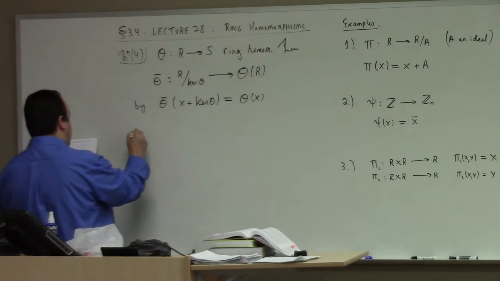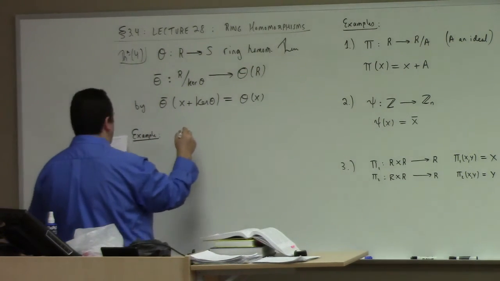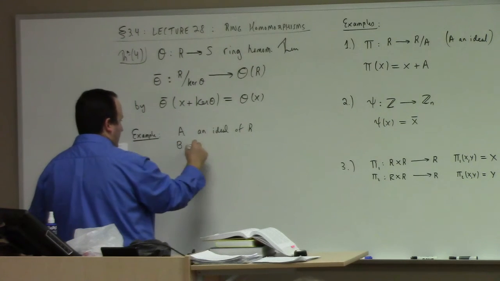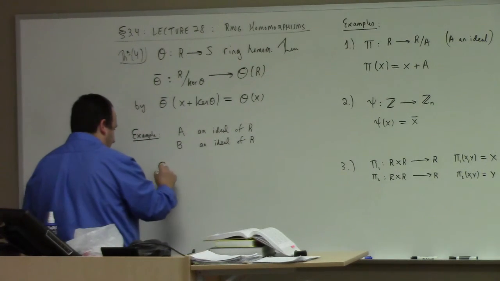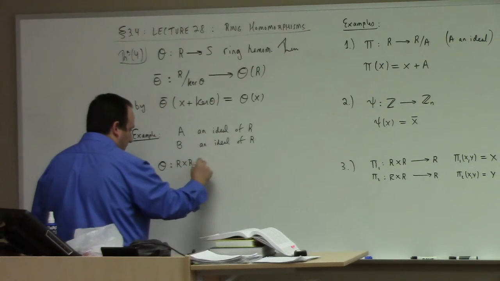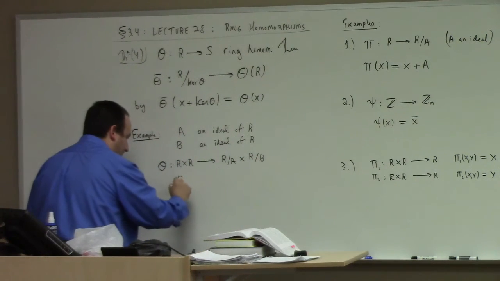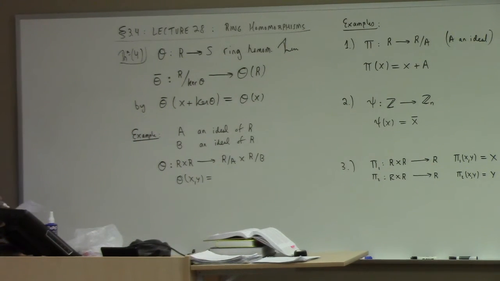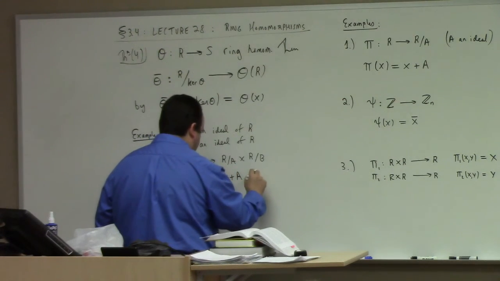So an example which I haven't shown you yet would be the following. If we have A, an ideal of R, and B, an ideal of R, then we can build theta going from R cross R to R mod A cross R mod B by how? How about this? Theta of (x, y) equals (x plus A, y plus B).